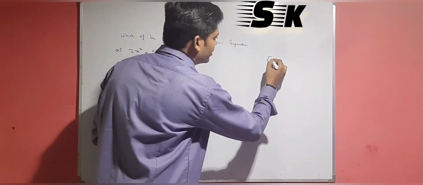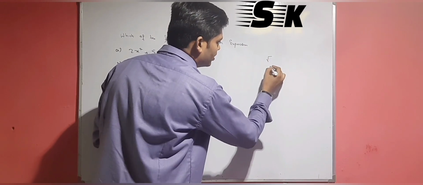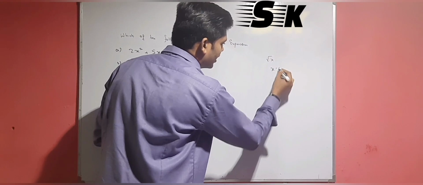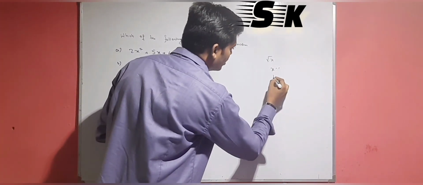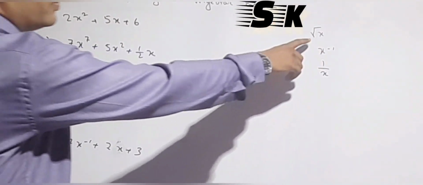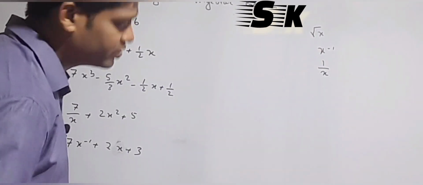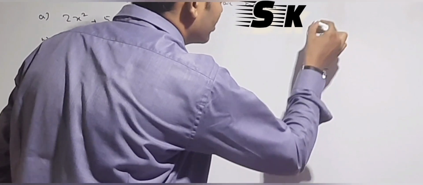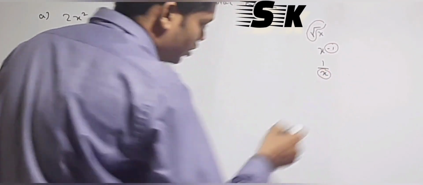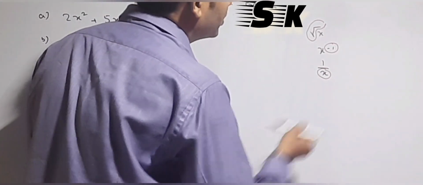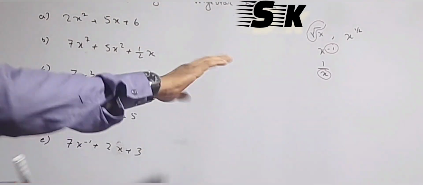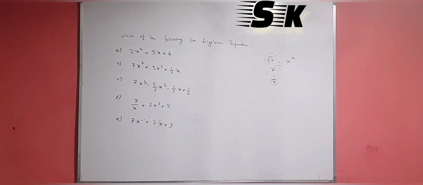If the variable, like x for example, is under a square root, or has a minus power, or the variable is below, in the denominator, or sometimes they write 1 by 2 like this, the meaning is the same, then they are said to be not a linear algebraic expression.